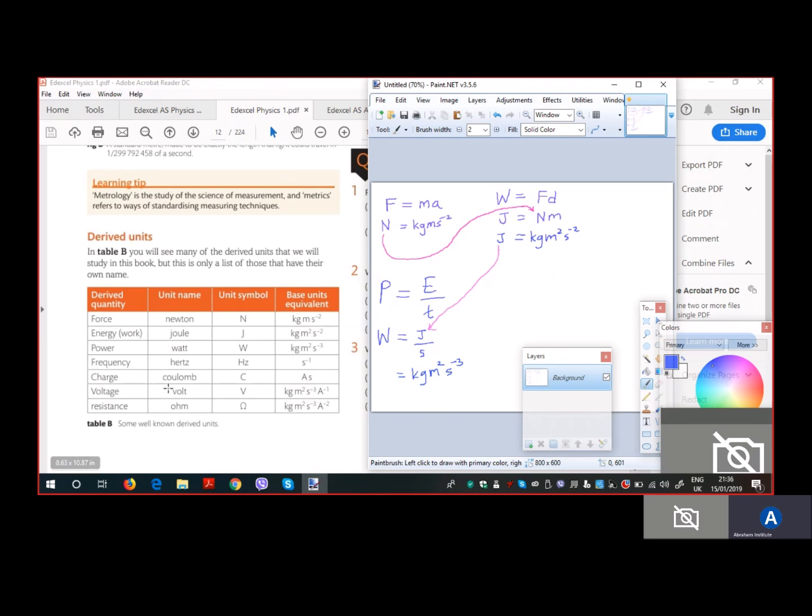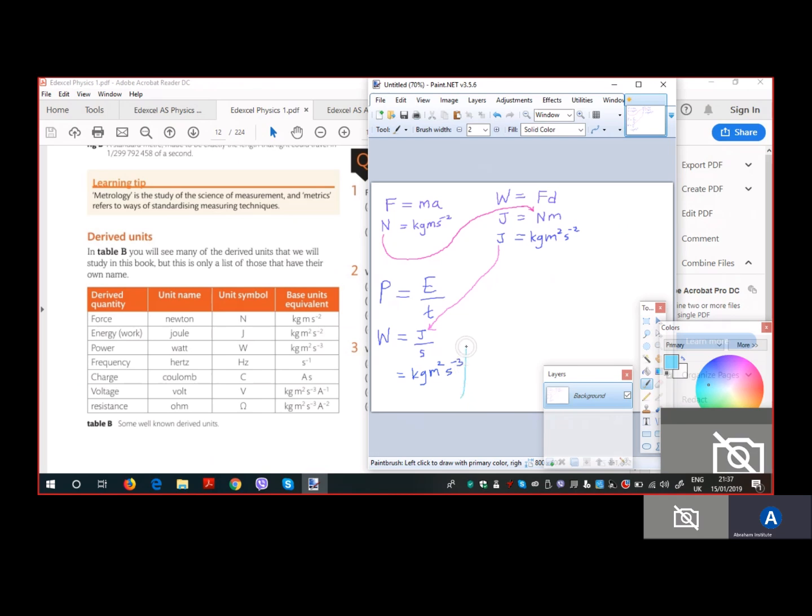So similarly, Coulomb, Q equals IT, so ampere second. Then voltage, you can try different equations and try to get this. Now volt. Sir, can you show how voltage came? Yeah. So first you should think which equation you're supposed to use.